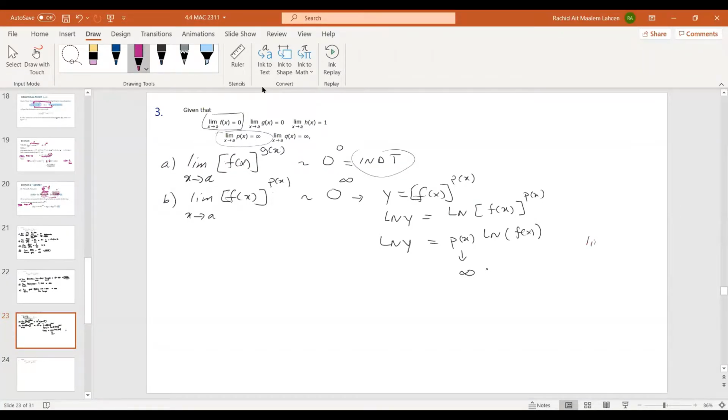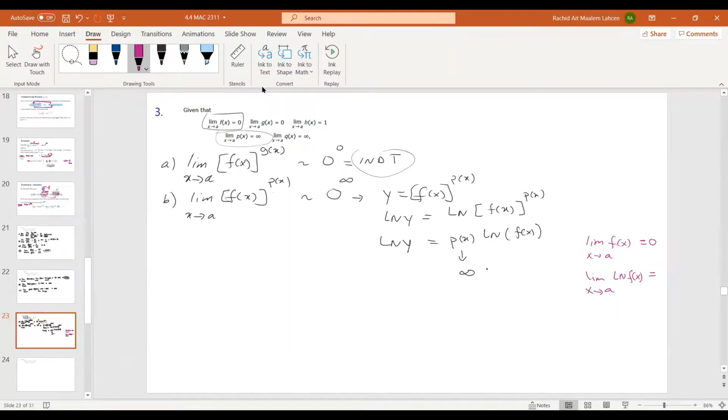If the function approaches 0 as x approaches a, then think about ln f of x and look at the graph that we did before again.